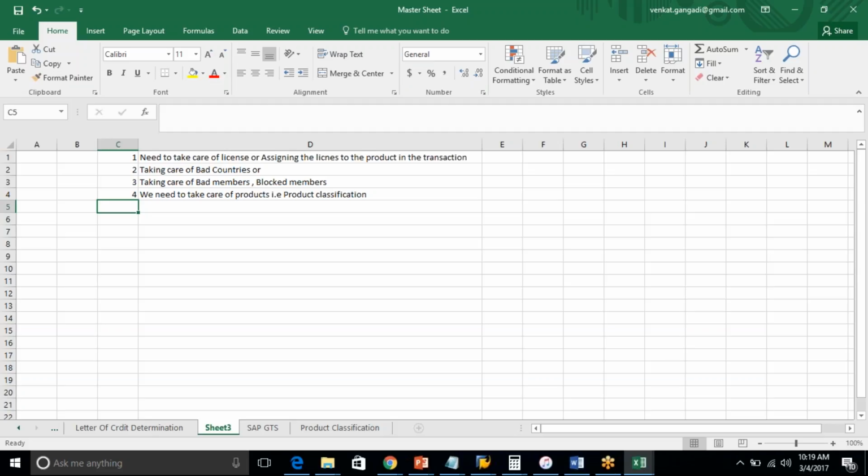Then you make sure that your customer country is good, or your vendor country is good. That means your business partner country is good. You have also taken care of the bad members. That means you have taken care that your customer does not belong to the bad members, or your vendor does not. And you also classified all the products.